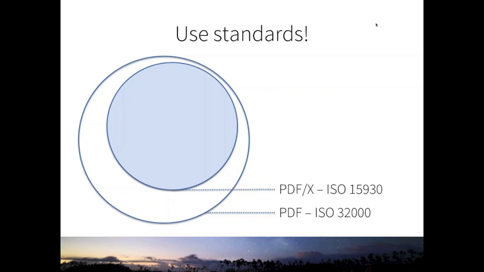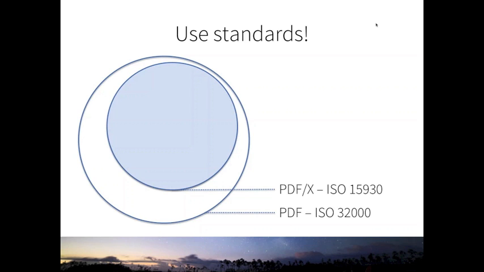And one of the problems with it is that there are a lot of things that you can do in PDF that make no sense at all when you think in terms of a particular workflow. If I'm going to print a magazine or a newspaper and I get a PDF file that contains hyperlinks and video or audio fragments, then what do you want to do with those in the context of a newspaper?